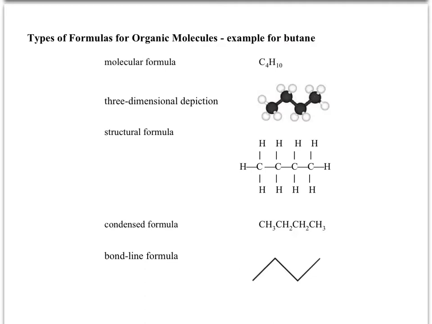Later on we'll study tetrahedral geometry, and that the hydrogens are arranged in a tetrahedral manner, which gives it that 3D structure. But anyway, look at the backbone of the molecule and see that it's kind of zigzag, which relates to the bond line formula below.